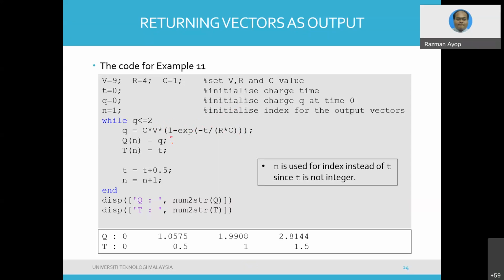So you can see here, this is the indexing. It used the n, the index, to store the Q and T, starting with 1.